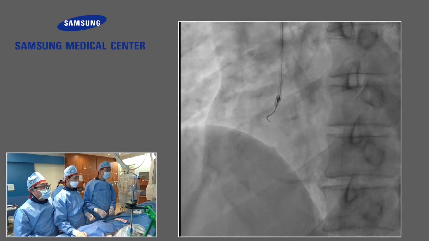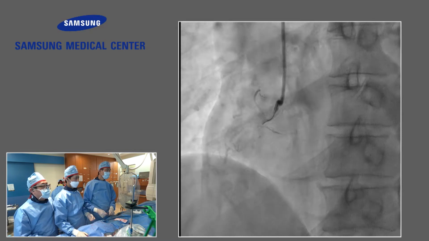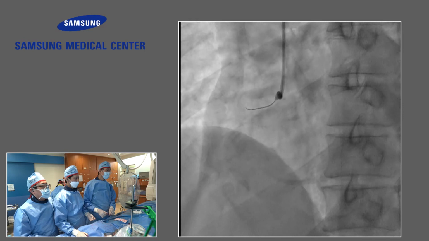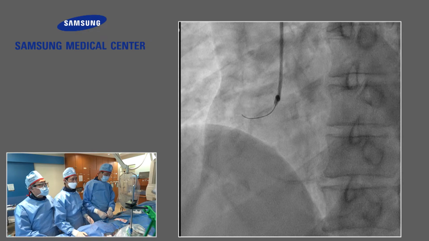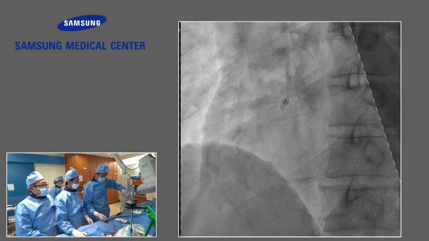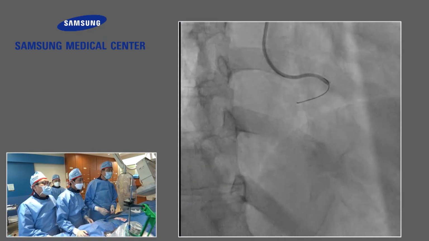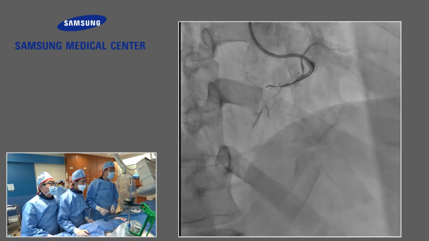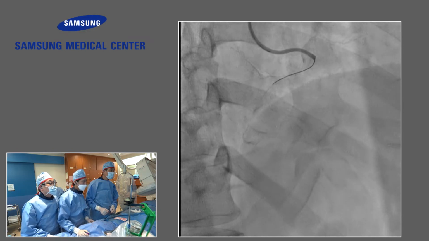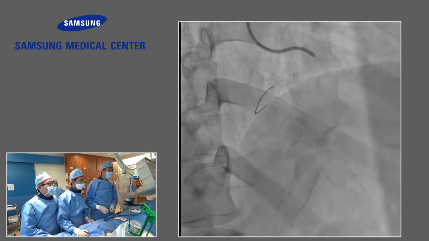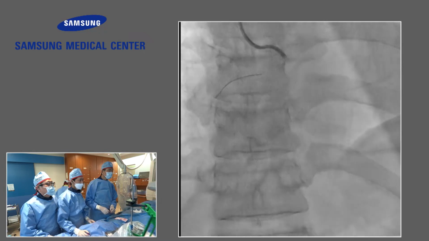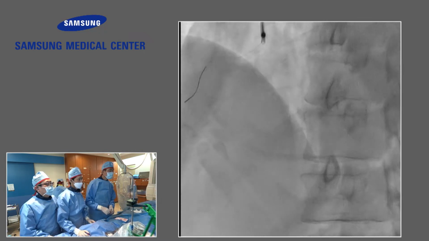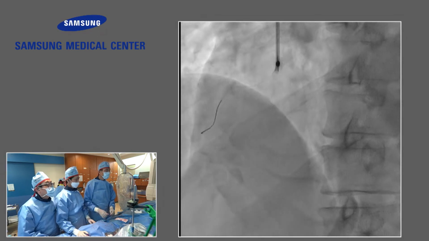The area view is very useful to follow the progress of the wire. So this is going into the side branch.